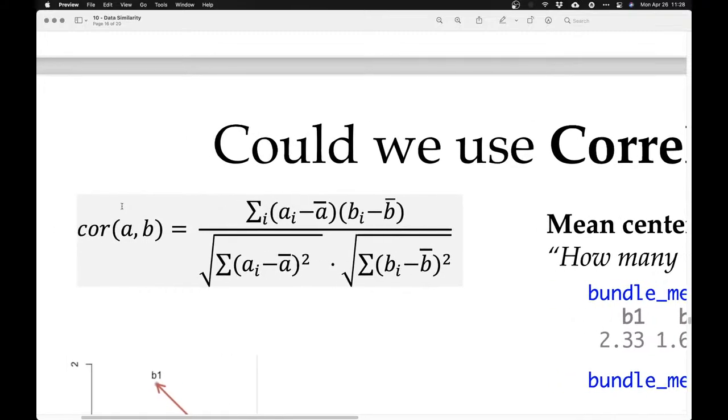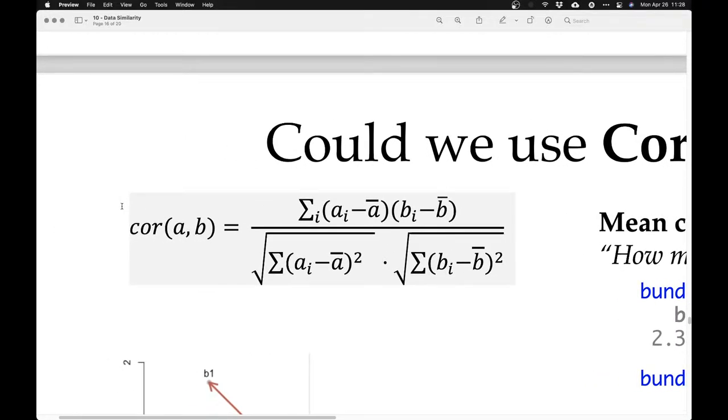Here's the formula for correlation. Does it look familiar or similar to you? Big picture, not exactly the same. Are there any aspects of the correlation formula that look similar to something we have seen recently? The numerator is two things multiplied together and summed.